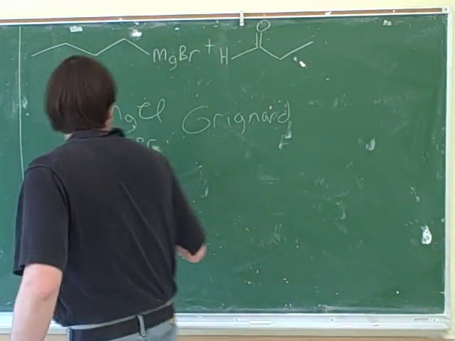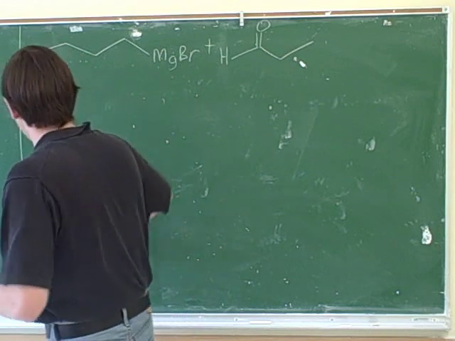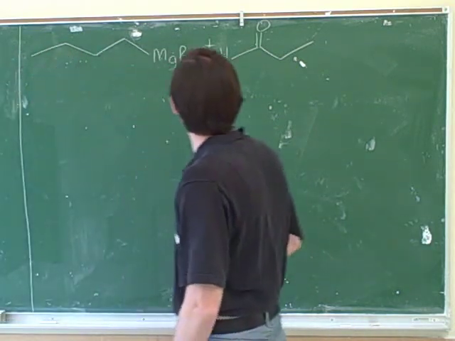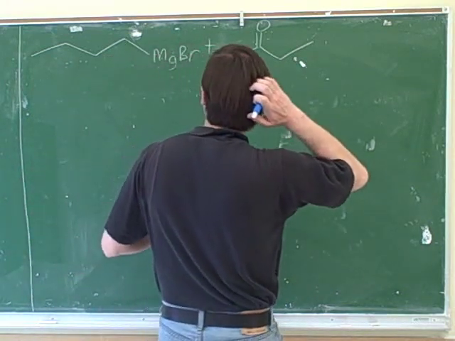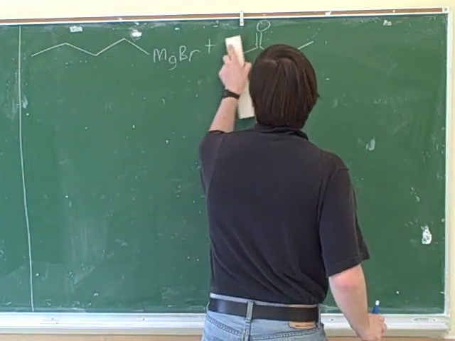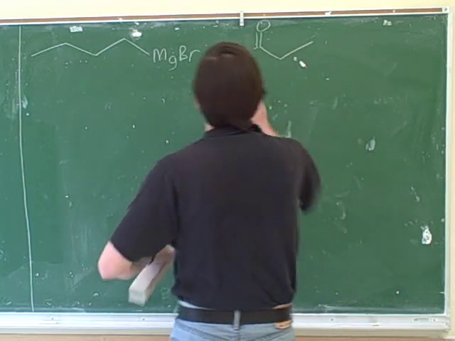All right, why don't you guys try working out on your paper what the mechanism would be. Actually, to tell you the truth, I didn't write this the best way.